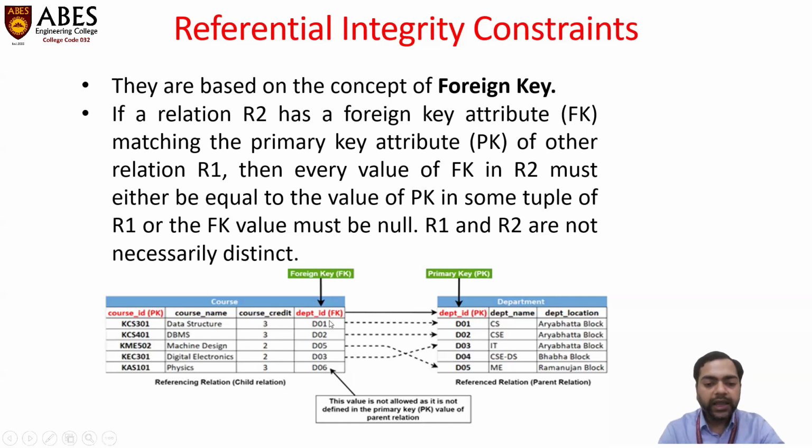In this attribute, department ID, treated as a foreign key, we can only use the values that have already been stored in the primary key of the other relation. We cannot use any other value. So here, you can see that these are the 5 values, and only these 5 values can be used in the foreign key. No other value can be used here, right? So this is the concept of foreign key, and the referential integrity constraint is based on the concept of foreign key.